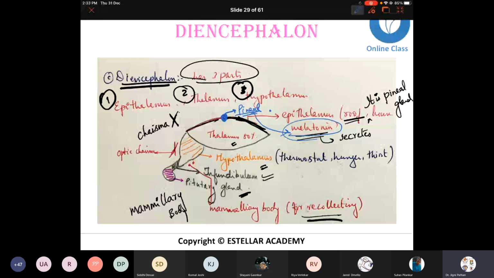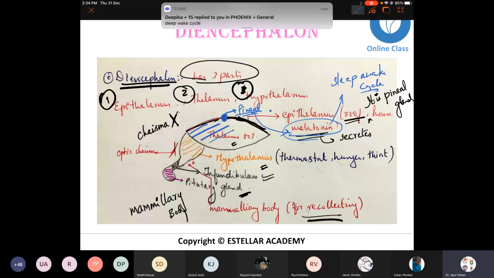Can anybody tell me? It maintains the sleep-wake cycle. The biological day-night cycle is maintained by the melatonin hormone. Very good.